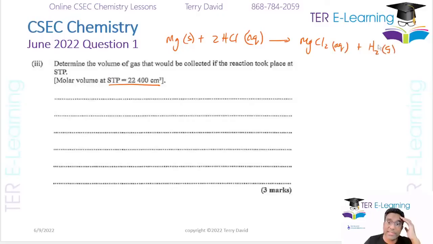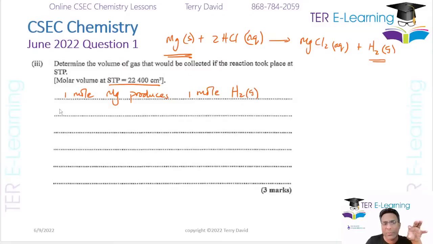Now, the reason why they wanted us to balance this equation is that we need it here. According to this equation, 1 mole of magnesium solid produces 1 mole of H2 gas.